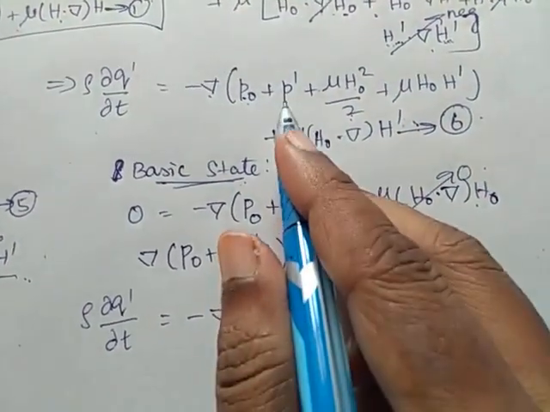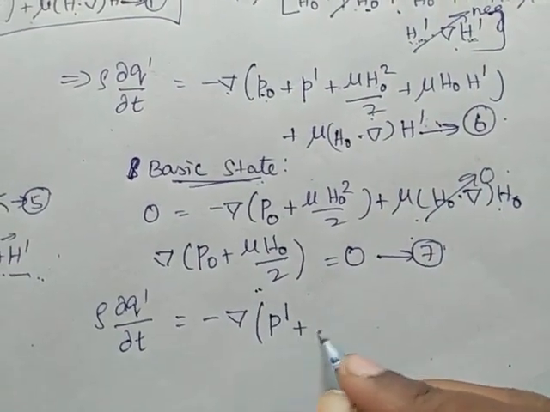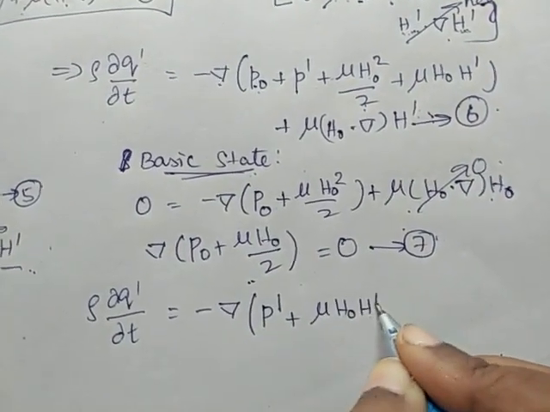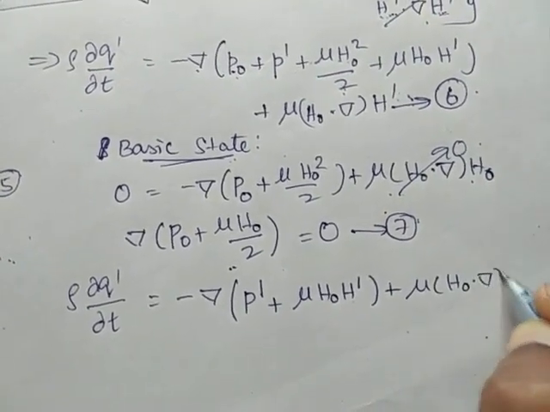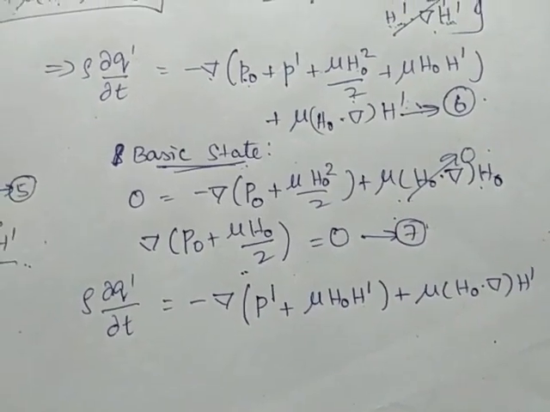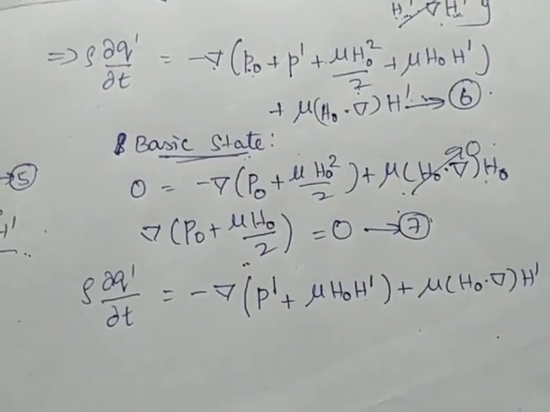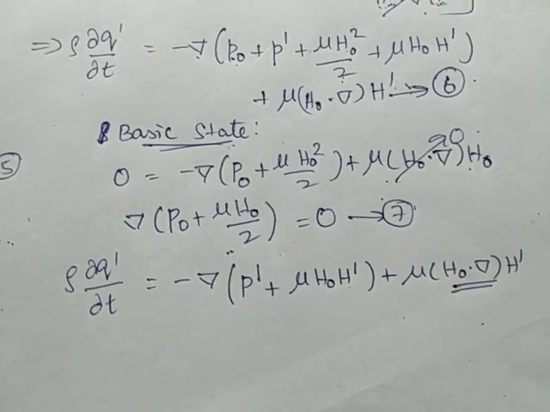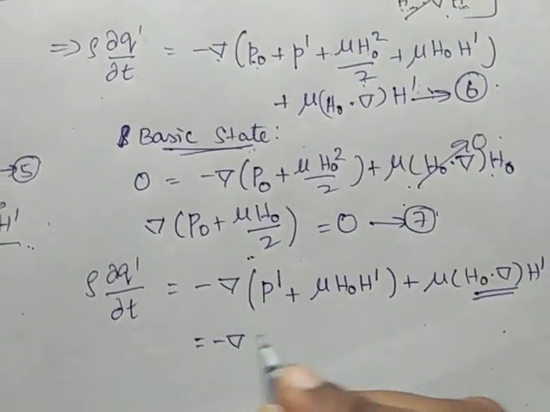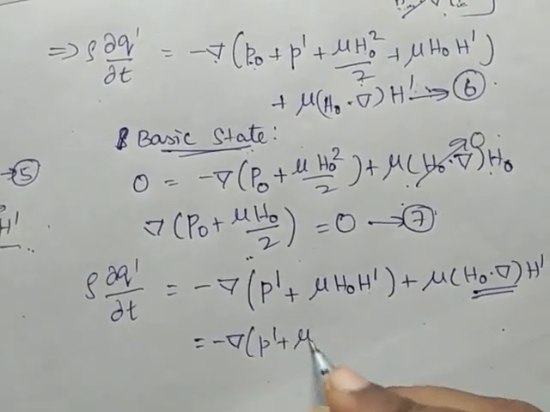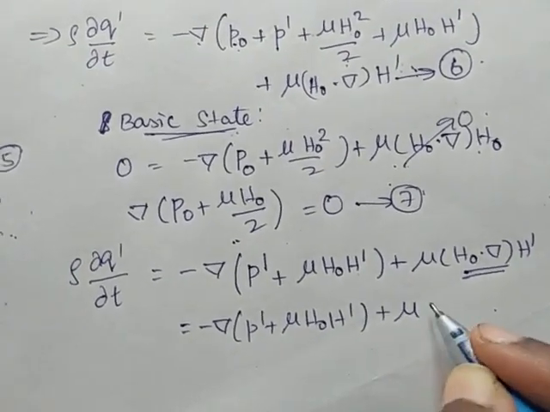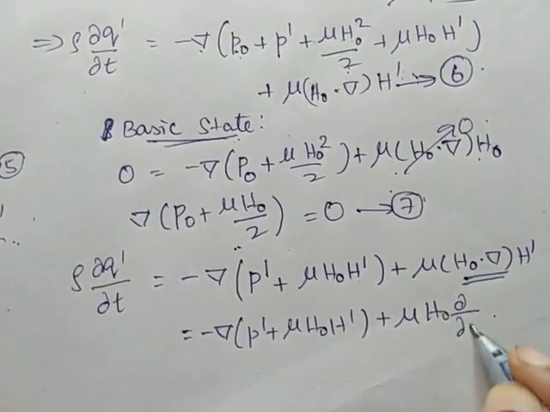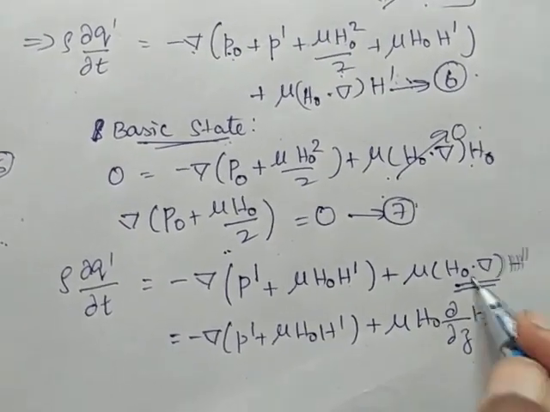Therefore, we will get the remaining terms as P dash plus mu H naught H dash plus mu H naught dot del H dash. So when we expand this dot product, we will have minus del of P dash plus mu H naught H dash plus mu, and here we will get H naught dou by dou z of H dash. So how did this term reduce to this? I'll write here.